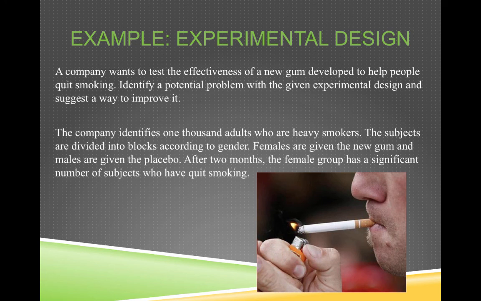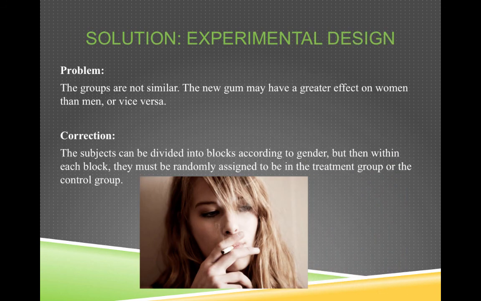And then for our males, we would need some to try the gum and some to be given the placebo. Do you see the difference between what would be a sound or good experimental design of randomization block versus what happened here where just the females got the gum and all the guys got the placebo?